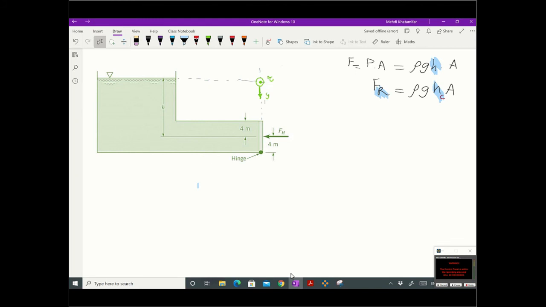So, how can I get yn? This is total minus y-bar. What is total? Exactly.